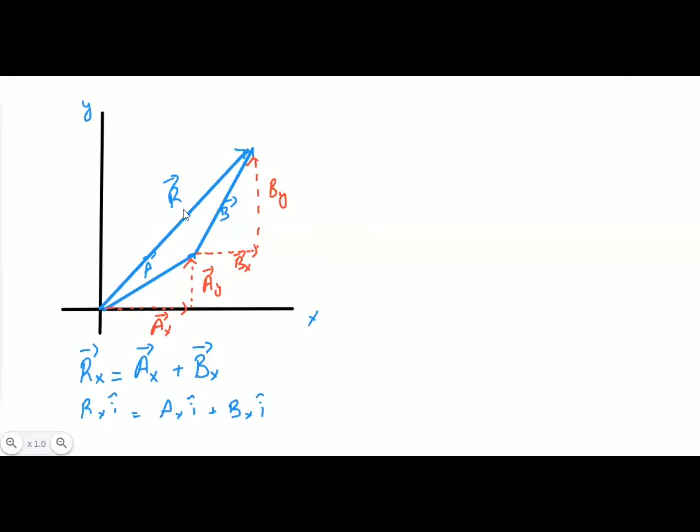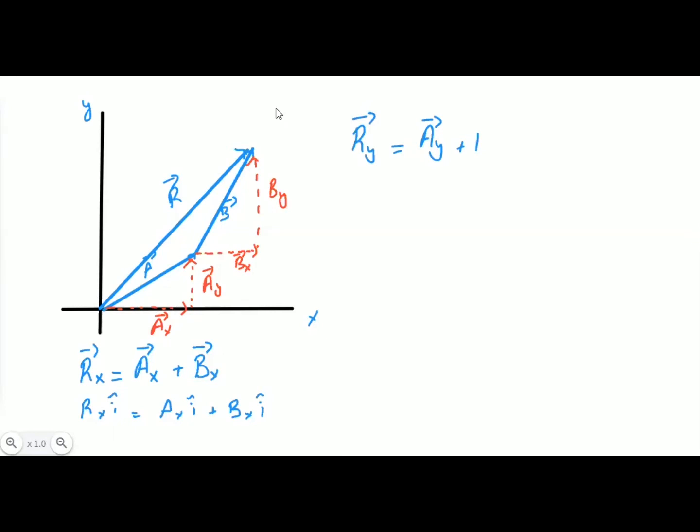Similarly, if we want to write the y component of this resultant, the y component is equal to the sum of AY plus BY. So to calculate RY, this RY will be equal to AY plus BY, and similarly in terms of the magnitude and the direction, this will be equal to RY unit vector j, and it will be equal to AY unit vector j plus BY unit vector j.